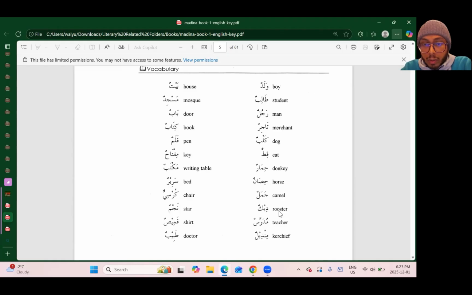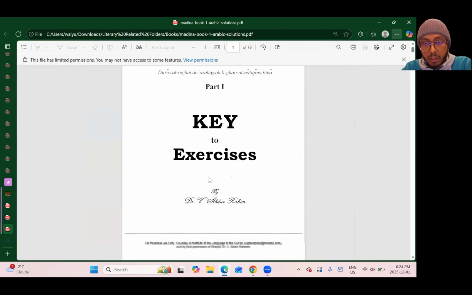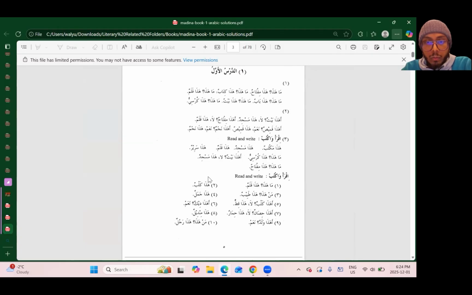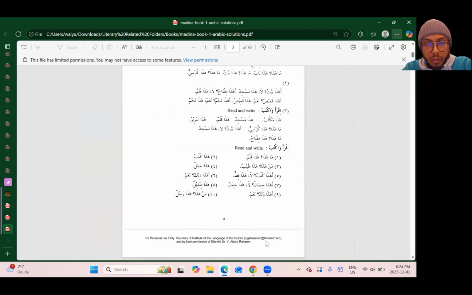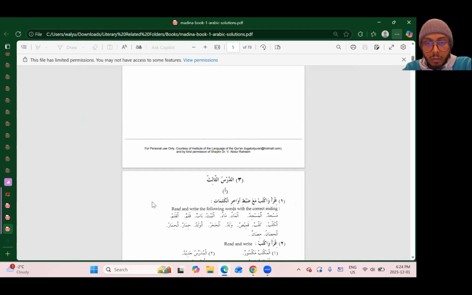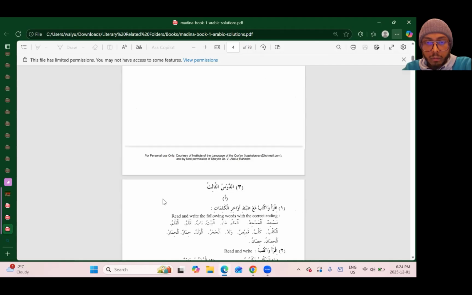And well, I mean, it's all there, so you can read it at your own time. And of course, we have the exercise key. So, you know, if you need the answers, they're all here. It'll be more useful as you continue because the first few lessons are very simple, but you'll have a lot more use for this for checking your work afterwards.